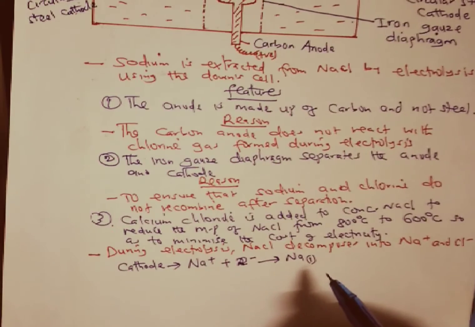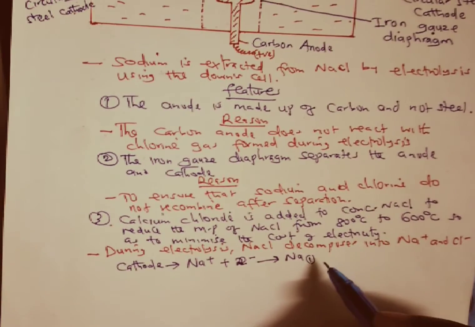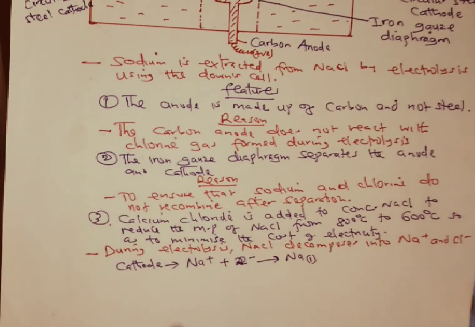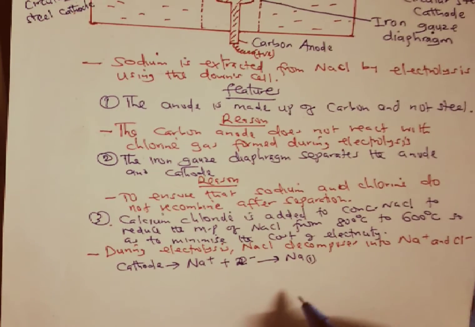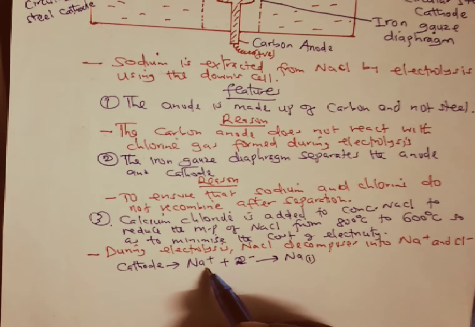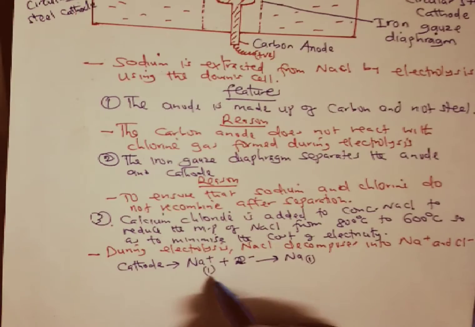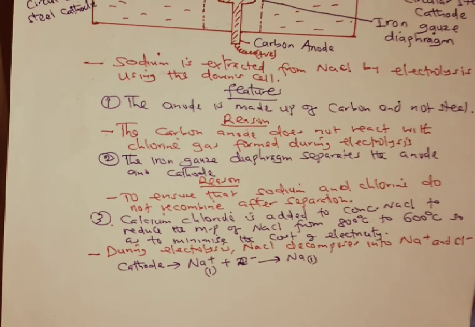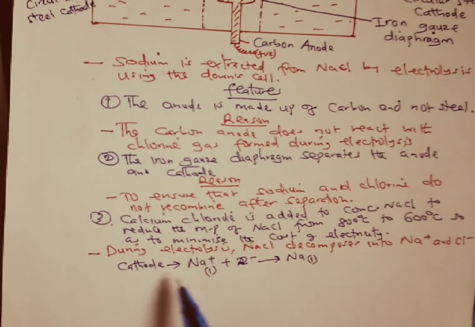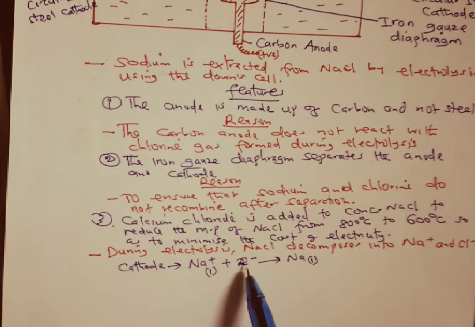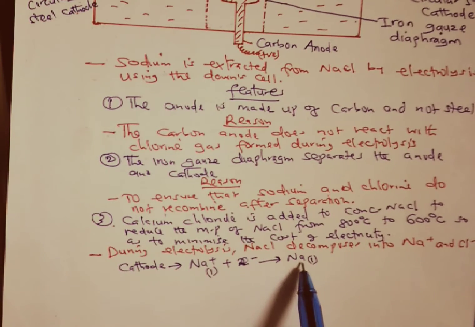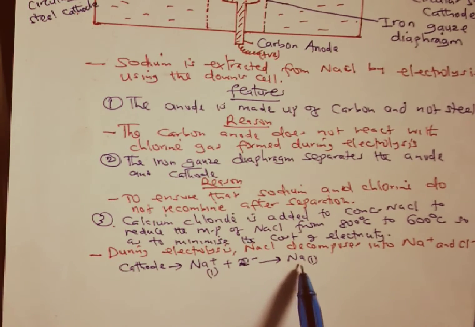Sodium can either be in liquid form or in aqueous form, but since we don't have water added, let us say it is in liquid form. So sodium ions move to the cathode, where they gain electrons in order to form sodium atoms.